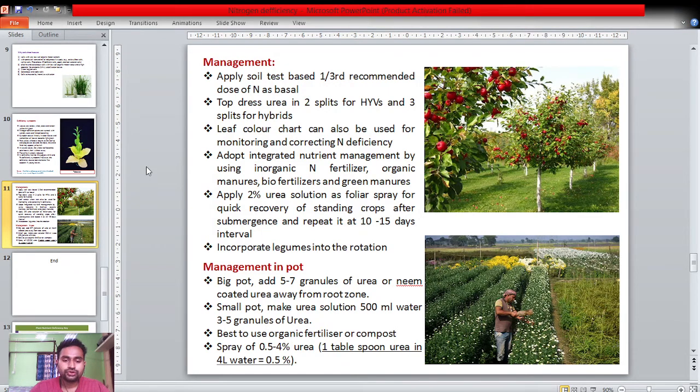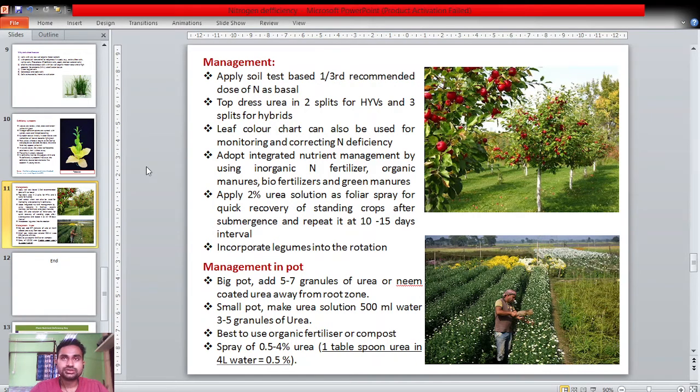And in a small pot, we can use 5 to 6 granules of urea. We can add them to 500 ml of water, let them dissolve, and then put it in the pot.